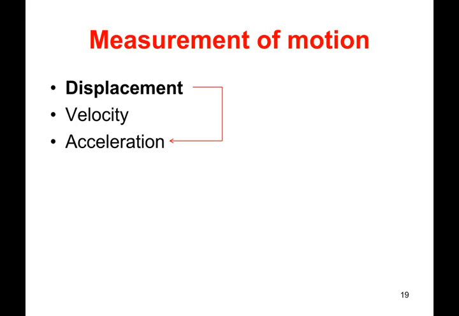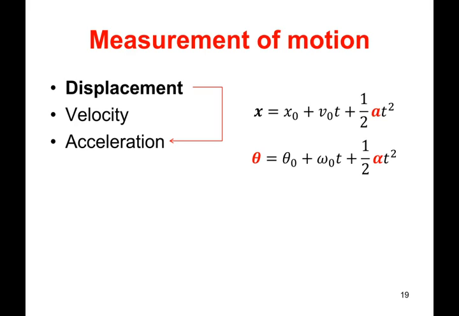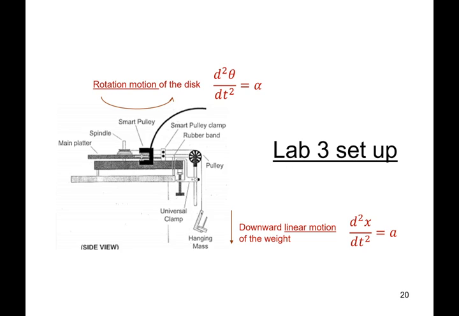We can of course get from displacement to acceleration directly using this equation and this equation, and this is going to be your setup for lab 3, which we will discuss in detail in the next lecture.